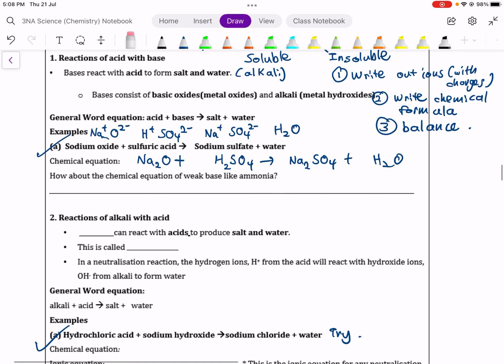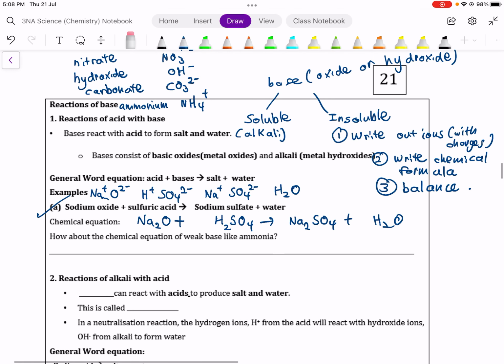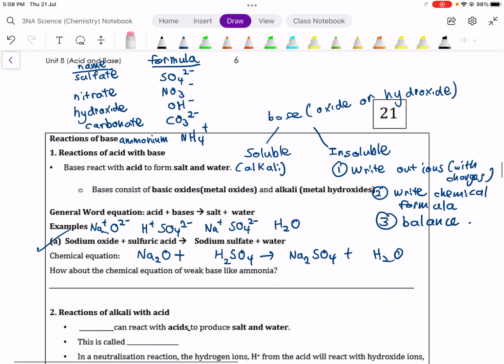Next question: what happens if you have a weak base like ammonia? A bit more special. Ammonia, what happens is this: you have NH3, no need for state symbols, plus acid, and you are just going to get ammonium chloride.